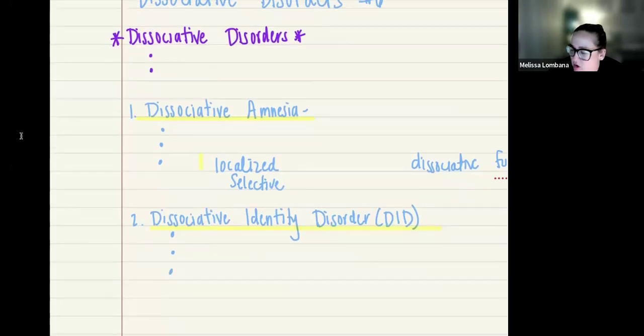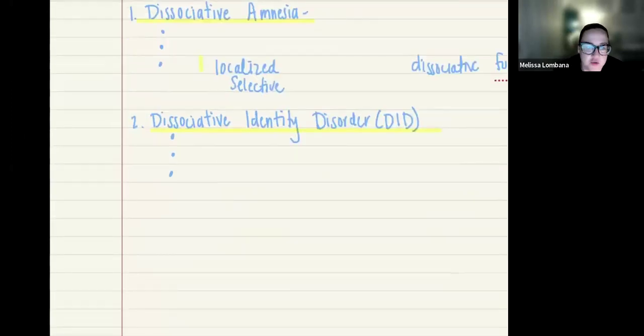Okay, then we're going to go on to the next one, which is dissociative identity disorder, DID, and this is a very controversial disorder that's in the DSM-5. It used to be called multiple personality disorder. What this one is, is the presence of at least two distinct identities, sometimes called alters, that appear in the host's behavior, the host being the main person.